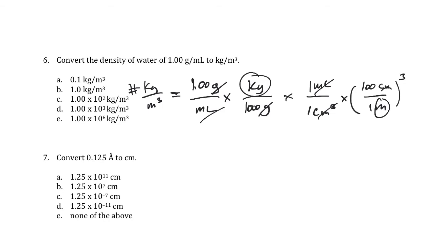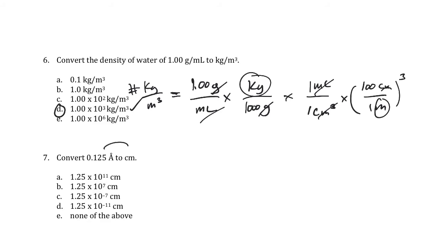I think this is going to end up being 1,000 more when we actually do the arithmetic, so it should be answer D. I'm going to run through the math real quick: 1 divided by 1,000 times 100 to the power of 3. Yeah, so 1.00 to 3 sig figs times 10 to the 3 kilograms per cubic meter.